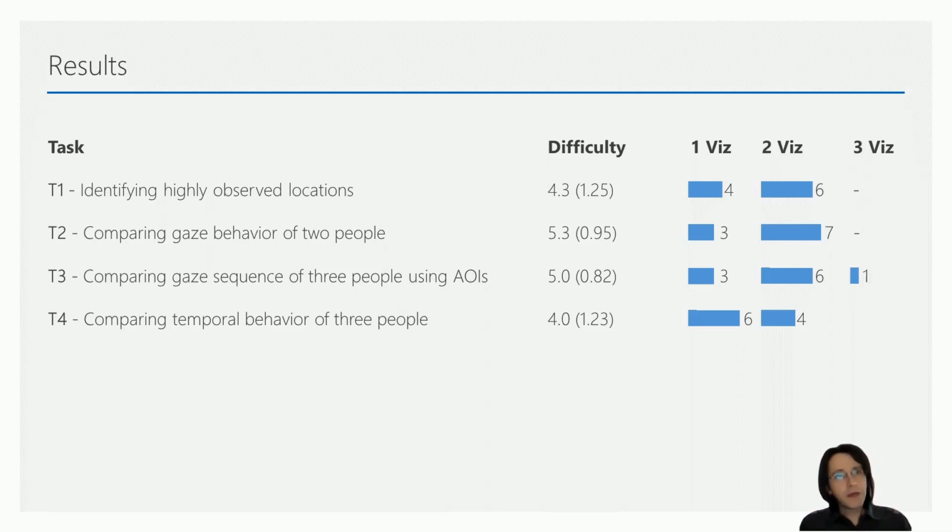The table also indicates how many visualizations were used by how many participants, and offering multiple views appeared indeed helpful for solving the tasks, as participants frequently relied on 2 visualizations. The only exception was task 4 again, which asked about the temporal behavior. And here participants relied mostly on a single visualization only.